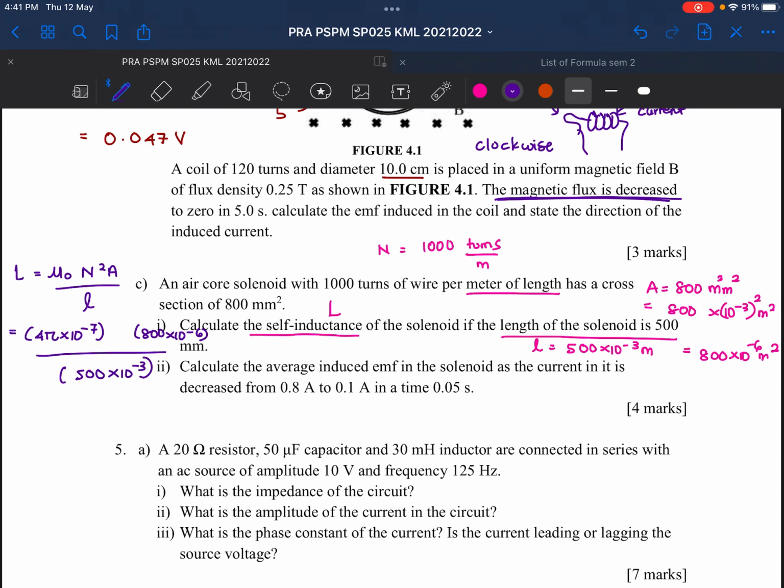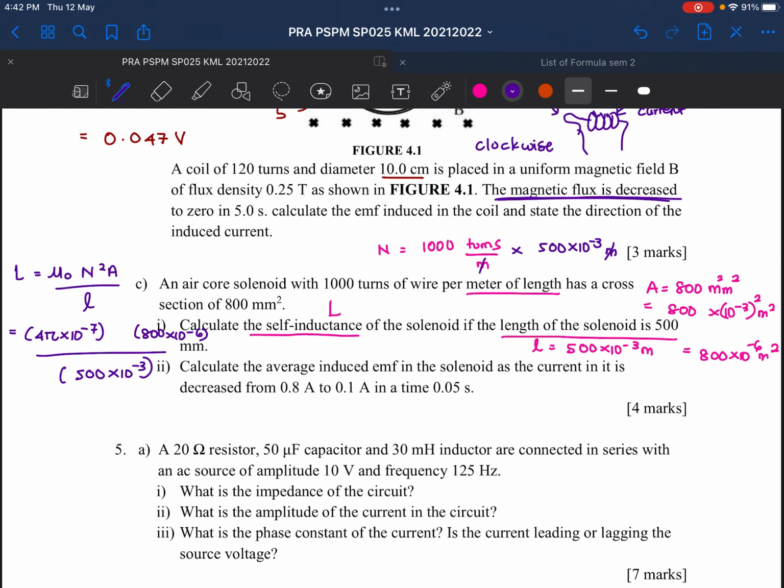Okay, this is a common mistake by students. N is the number of turns, but they give us the number of turns per length. So, how do I remove the meter? So, Miss multiplies by another meter. The length of the wire is 500 times 10 to the power negative 3. So, Miss has to remove the meter. Okay.